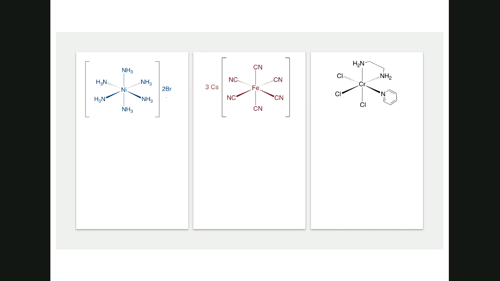Therefore, because these are neutral ligands, we can know right away if you look at the complex that this is going to be nickel 2 plus, right? Because ammonias are going to be 0.